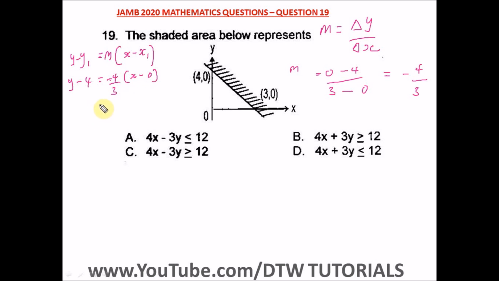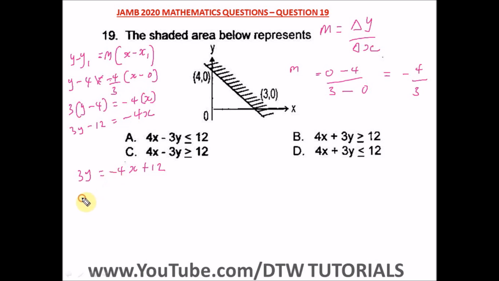So now let's equate this. What are we then to do? We have to cross multiply. So we have 3 bracket y minus 4 bracket equals to minus 4 bracket x minus 0, which is just x. So we have 3y minus 12 equals to minus 4x. So we have 3y equals minus 4x plus 12.